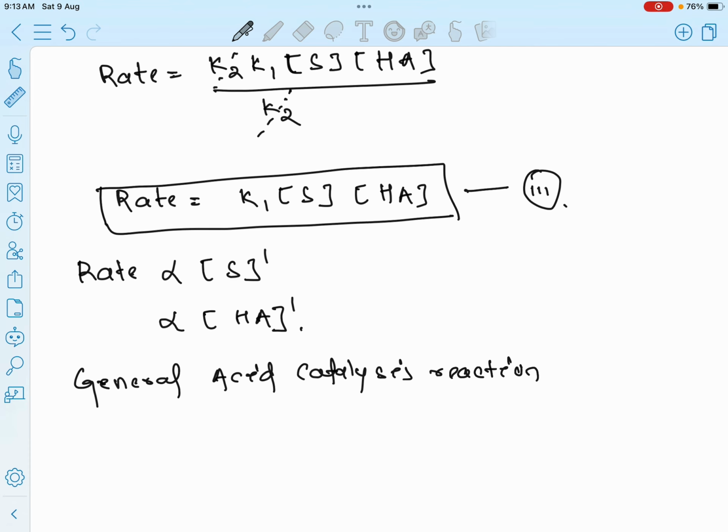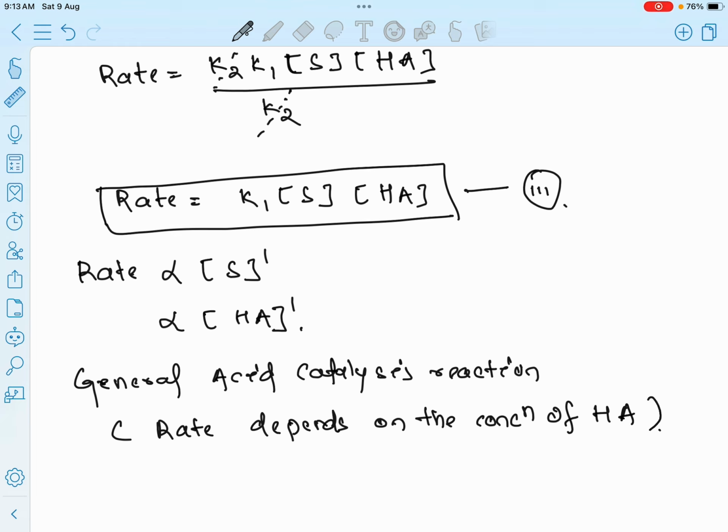That is, the rate depends on the concentration of HA. Here we are not considering only the proton, we are considering the source of the proton, that is your HA. Therefore, it is called a general acid catalysis reaction.